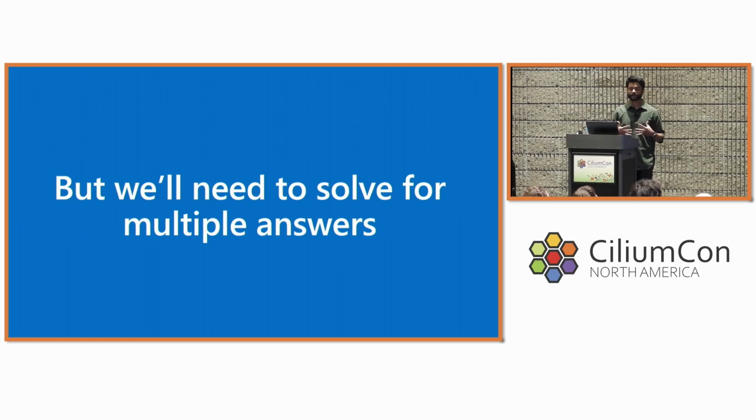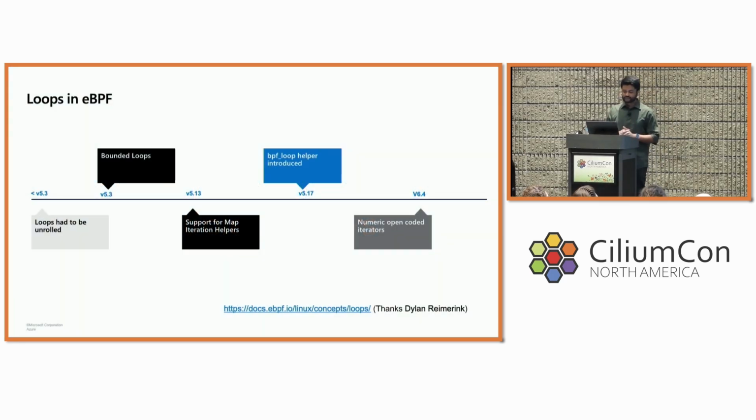And trying to write something where at runtime you need to figure out how many answers are present is hard because of BPF, right? But there have actually been quite some improvements in BPF of late that make it possible to implement logic like this. So prior to 5.3, loops had to be completely unrolled, right? So when you write a loop, the compiler would completely unroll the loop, and then the verifier would check that.